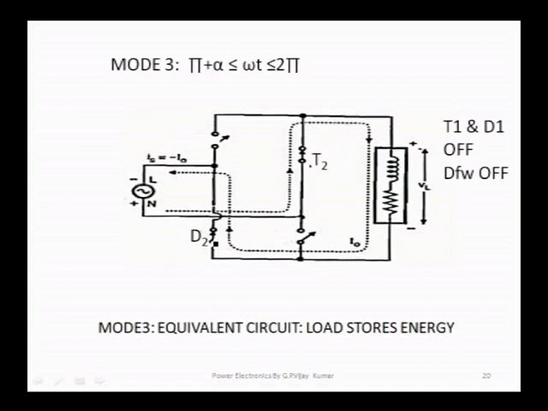See the direction of flow of current. The source current is negative, but the output current is positive only. See the direction of output current, it is positive only. Here again the load stores energy in this mode.